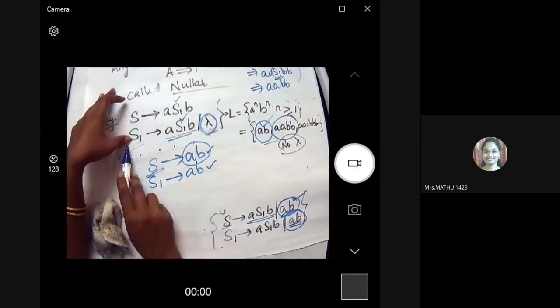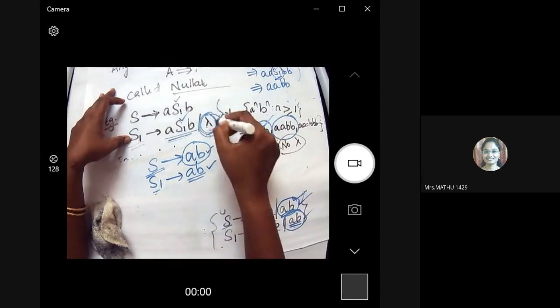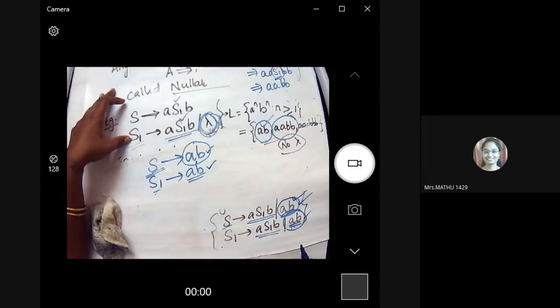Similarly, for S1, we already have A S1 B, and now we have generated a new production for S1, so I am including that here. By adding these two new productions to the grammar, I am removing this lambda from the grammar. Is that clear? Yes, ma'am.